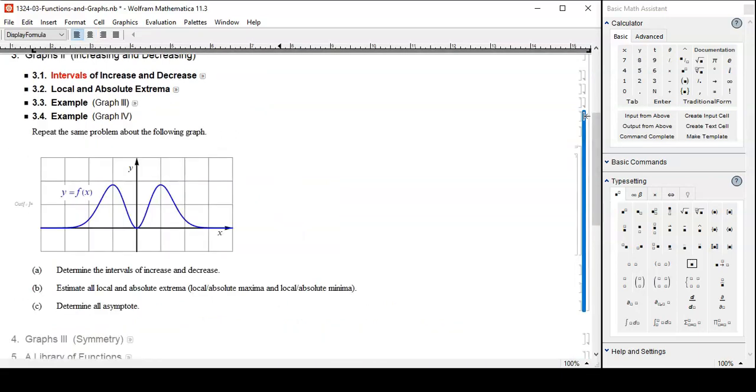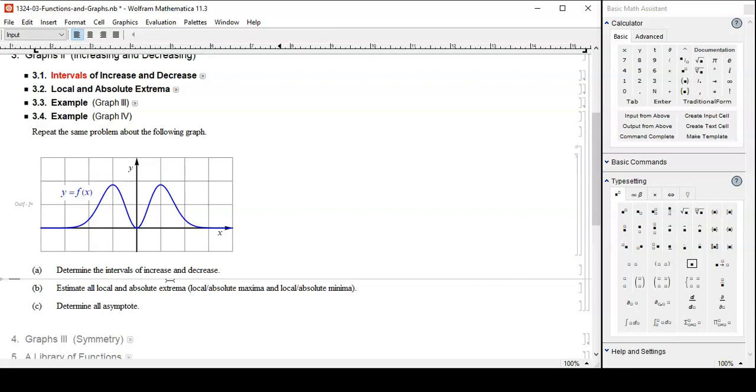Okay, all right, here's another problem. Determine the intervals of increase and decrease. What do you see? Increase, decrease, increase, and decrease. Do you see that? So I'll answer like this.